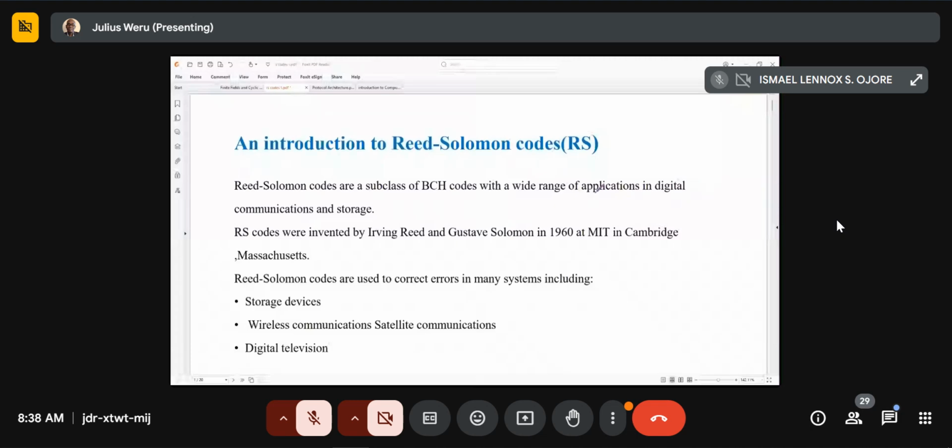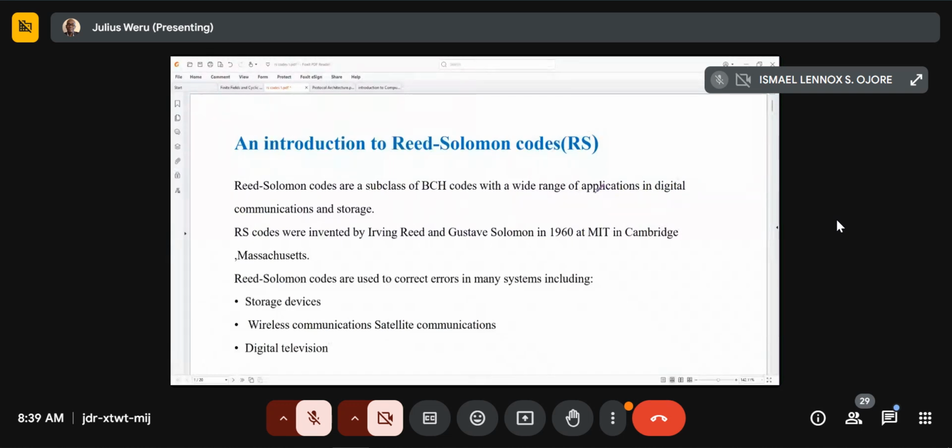They can also check that the bits are erased, that the bits are not there. They are able to detect bits which are not there, which is erasure. So basically, they can be considered to be like erasure codes.